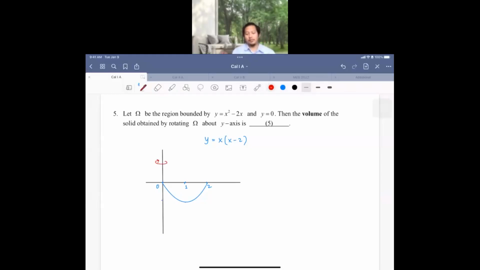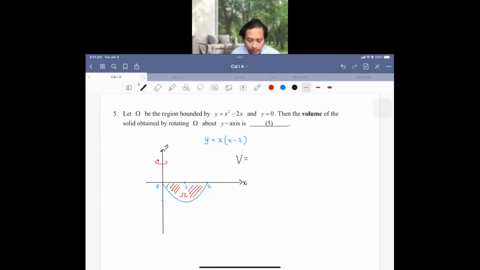Now this is troublesome. If we rotate through x, I think it's easy, and then we can just use this method. If we rotate through the y-axis, we have no other way. We need to use the cylindrical shell, right? Cylindrical shell, we are going to use for the volume. So this is the region, the omega region.